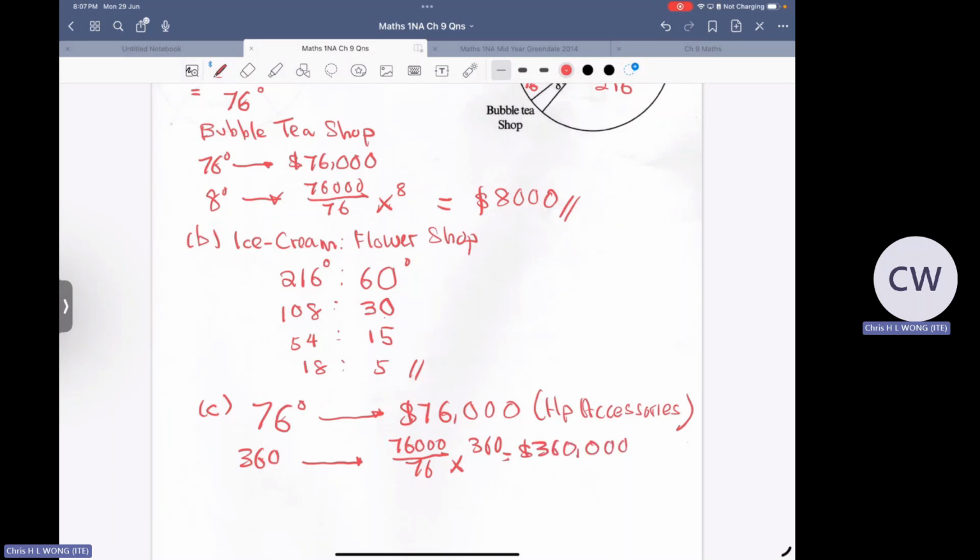This is his profit, but this is not what we want. This is his profit only. We want to find out what is original value plus the total profit. So how do you do this? Which is 140%, right?